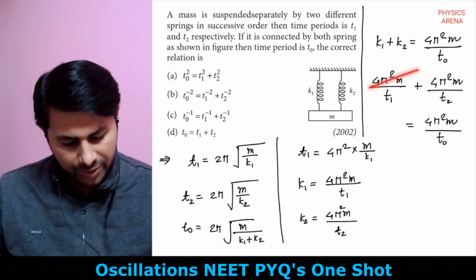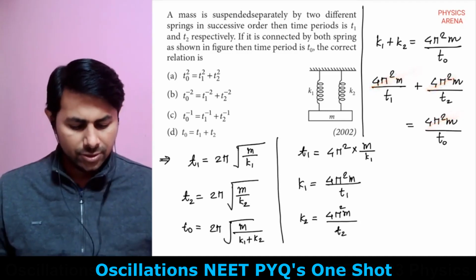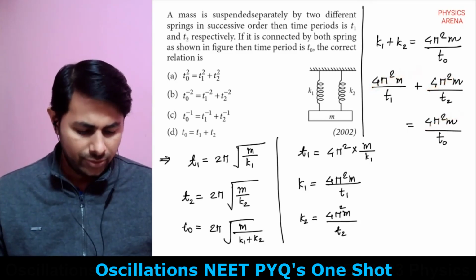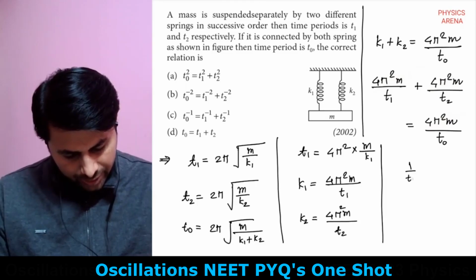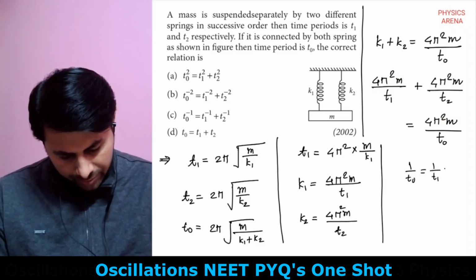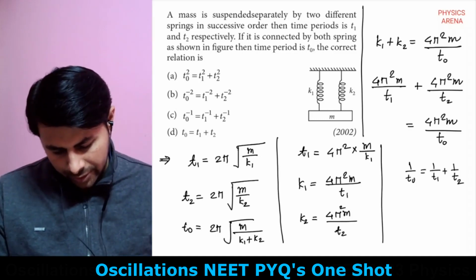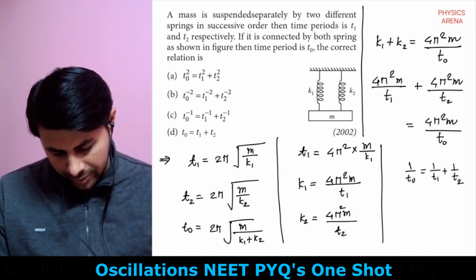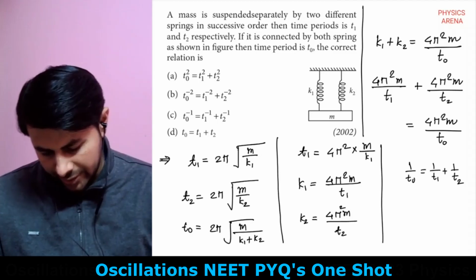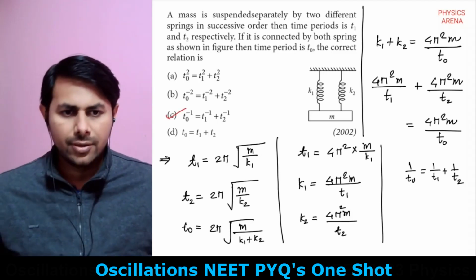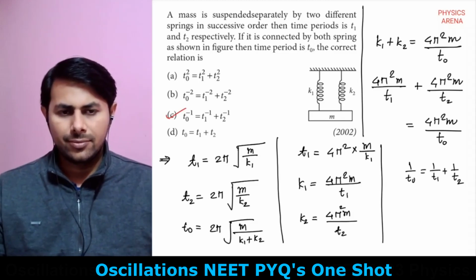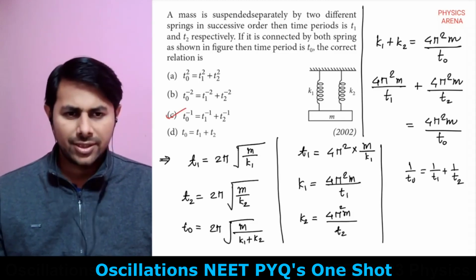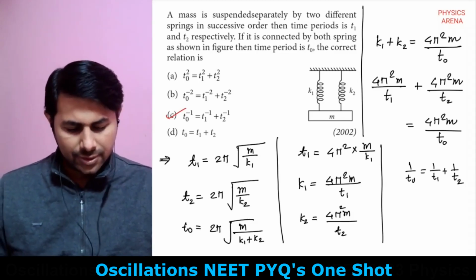So this 4 pi square m gets cancelled. 1 upon T naught squared is equal to 1 upon T1 squared plus 1 upon T2 squared. So it is option C, right? Yeah, matches with option C. Okay, just a little calculation, right?